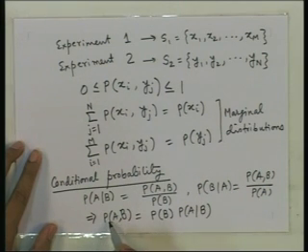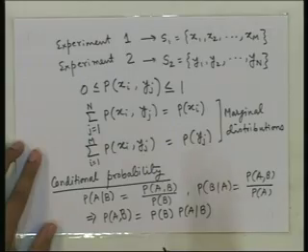This is the probability that both A and B are true, both the events A and B occur. Then that is the same as the probability that B occurs, and then given that B occurs, what is the probability that A also occurs. So, if you multiply those two probabilities, that is, the probability that B will occur, and then the probability that if B occurs, A will also occur, those two probabilities together will give you the probability that A and B both occur.